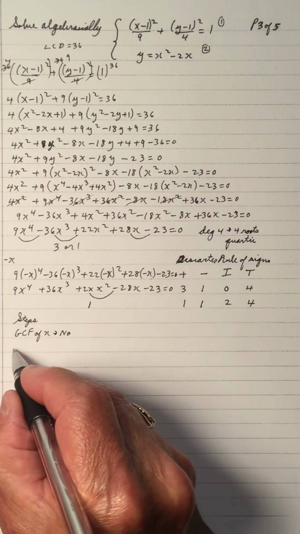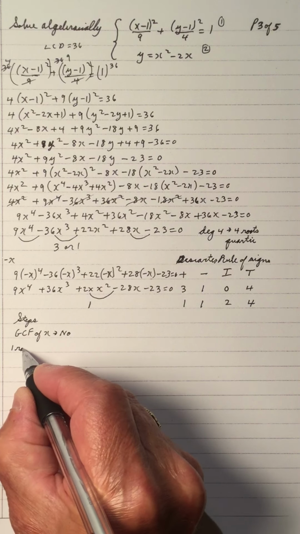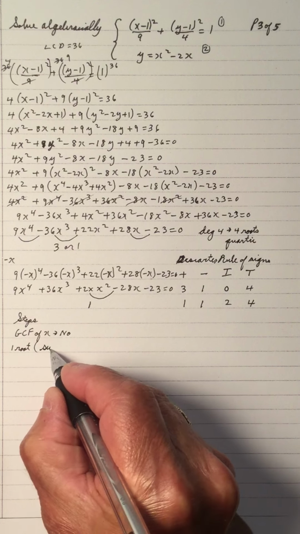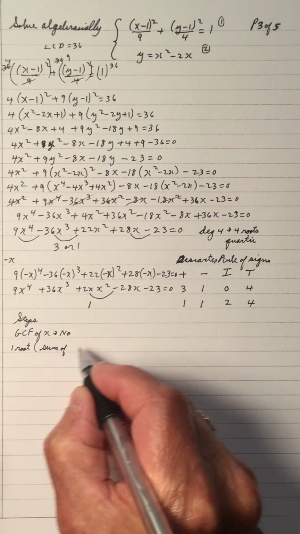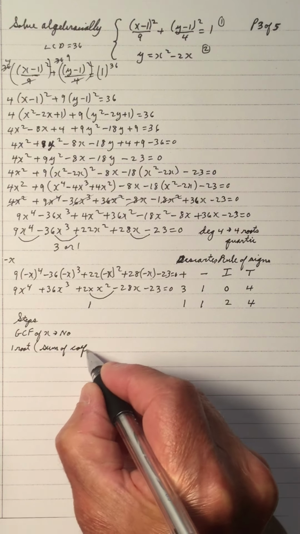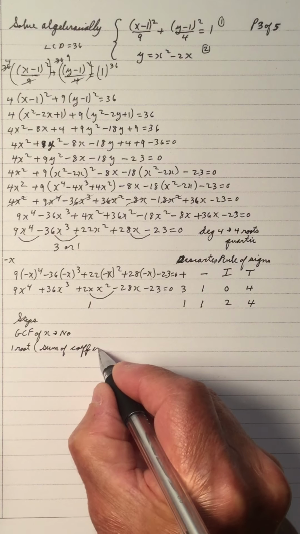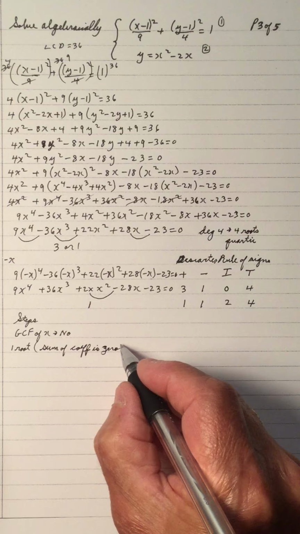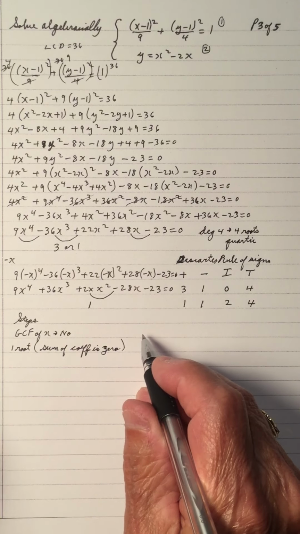And the next one I look at is if 1 is a root. How do I know if 1 is a root? If the sum of the coefficients is 0, then 1 is a root.